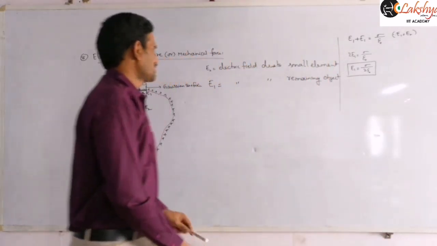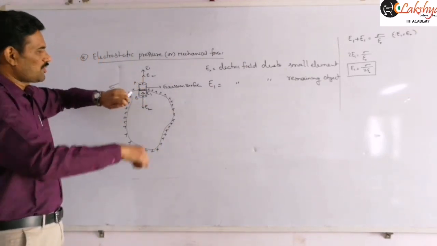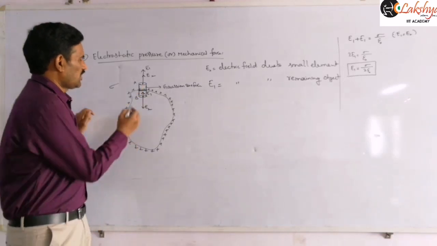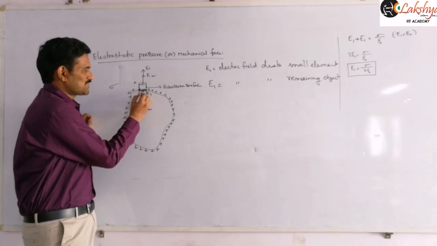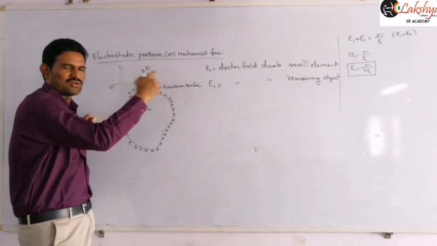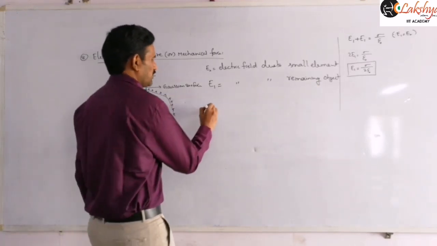Remember again, E1 is the electric field due to the whole object in this region. This point A is just outside this surface, and this element of the object is lying in that electric field, so that element will experience a force due to that electric field.